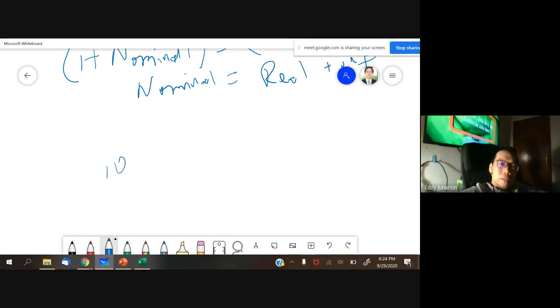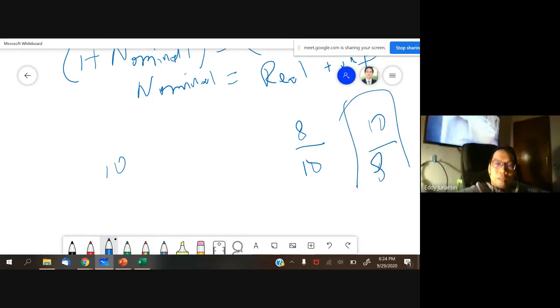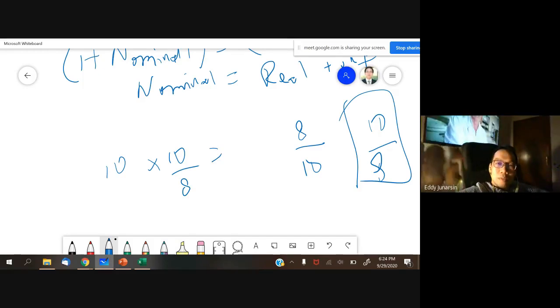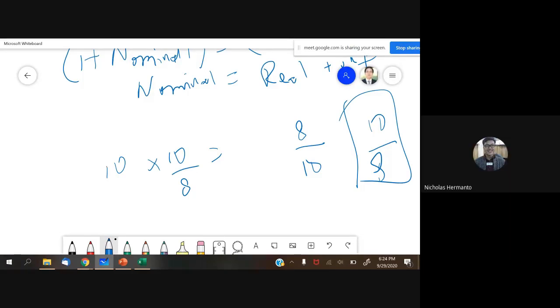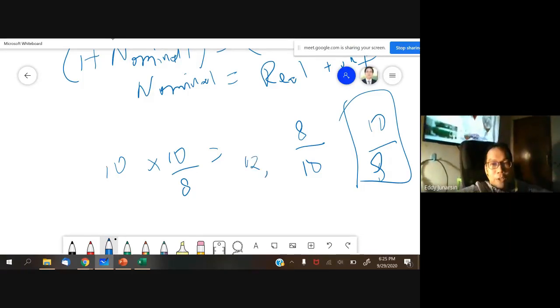So you need to maintain 8 per 10, 80%. So you could invest up to 10 divided by 0.8, which is $12,500.